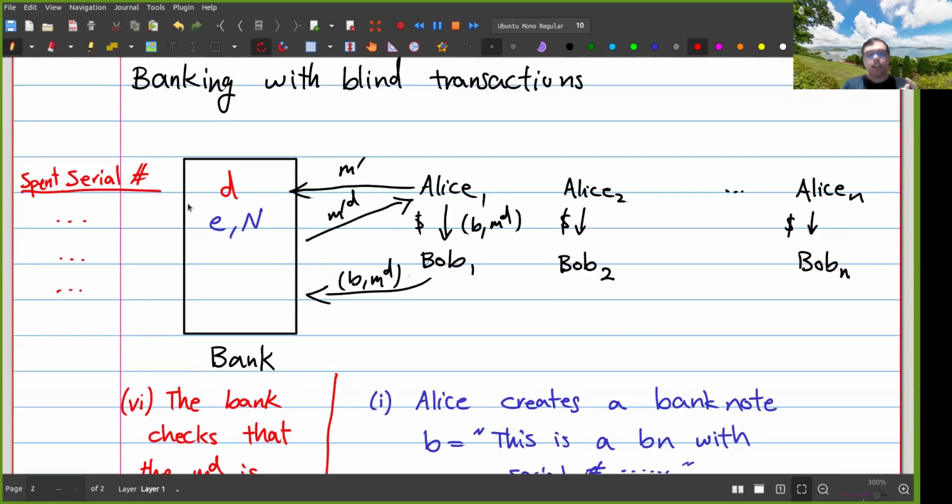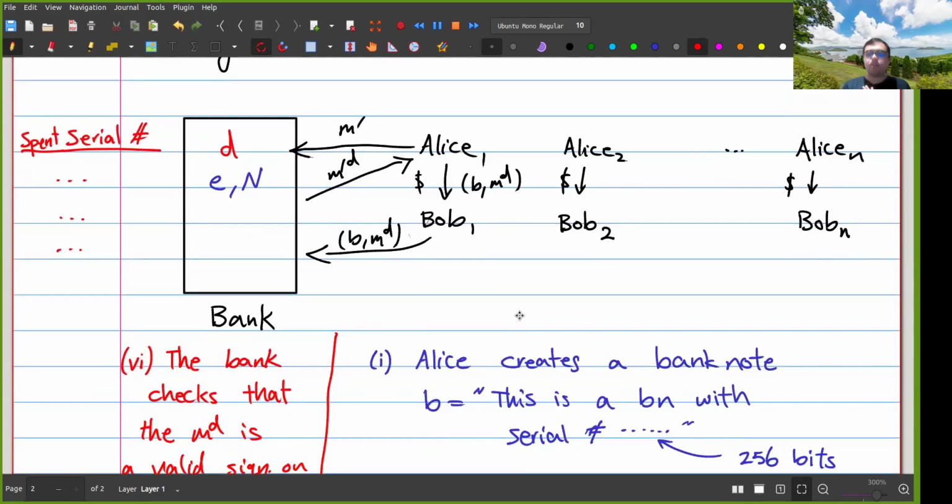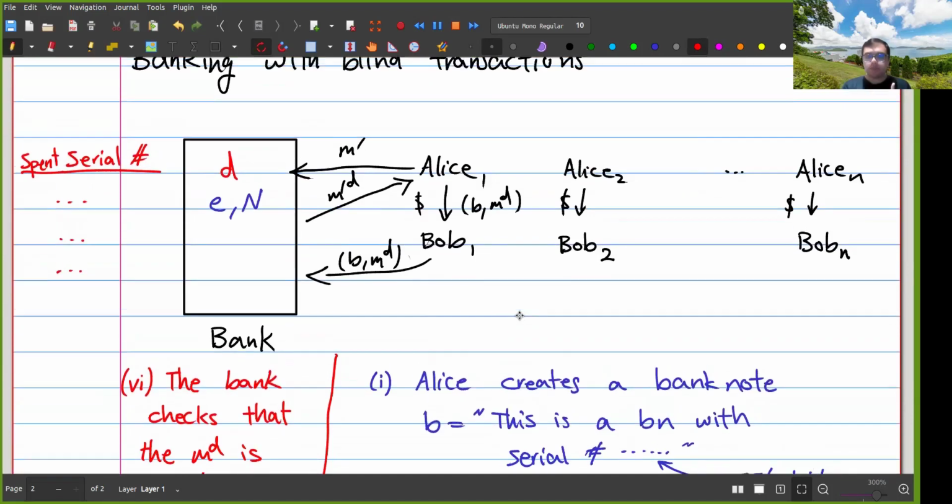But of course, I can have different denominations of banknotes. I can have $1, $5, $20, and so on. And then I can say the bank has several pairs of keys, and the bank uses different keys to sign for different denominations. So you can do something like that. But for simplicity right now, let's say that all of the banknotes are $1 banknotes.